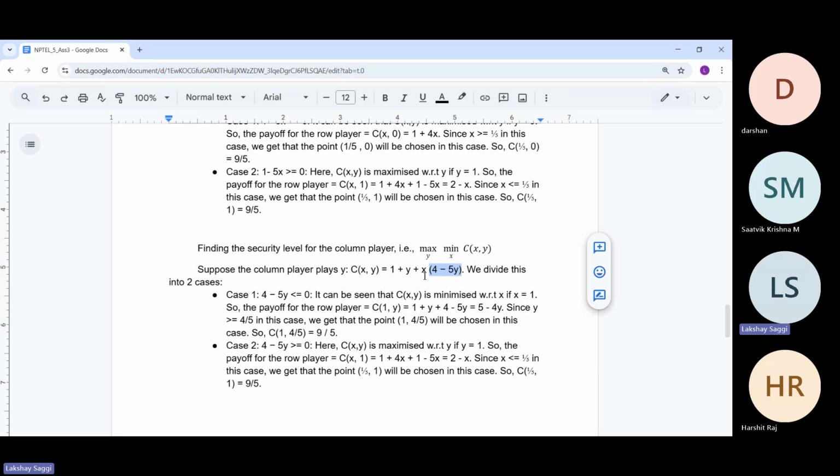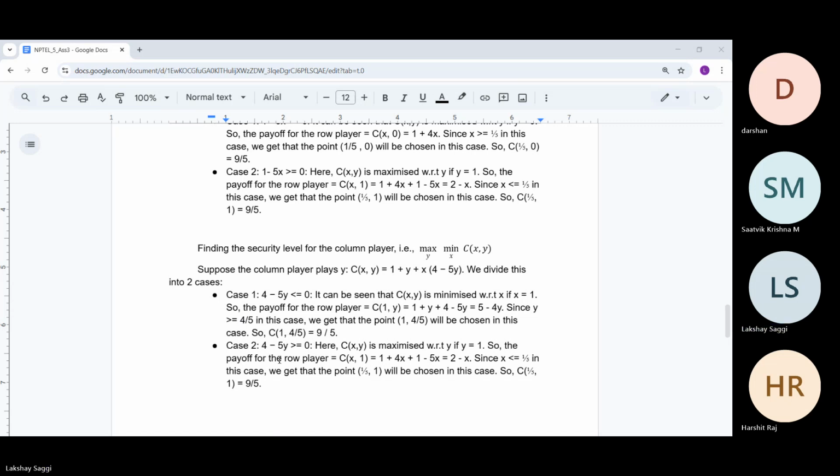The coefficient of x is negative, right? But if the coefficient of x is negative, then this quantity will be minimized when x is as large as possible. So we'll have that c of 1 comma 4 by 5 will actually be equal to 9 by 5 here.